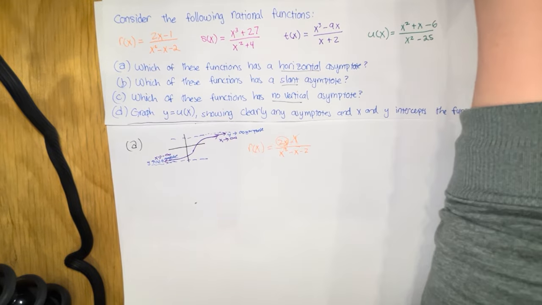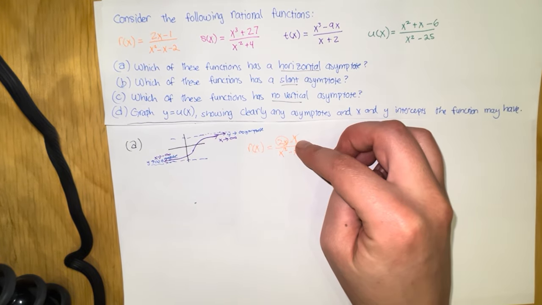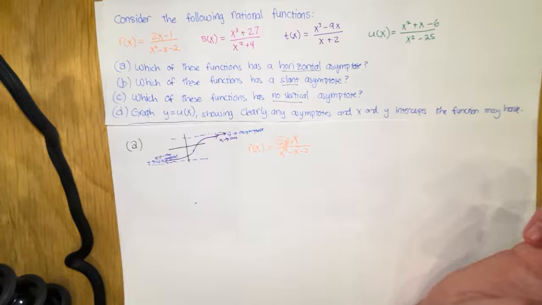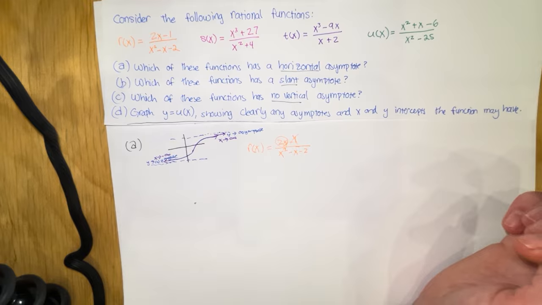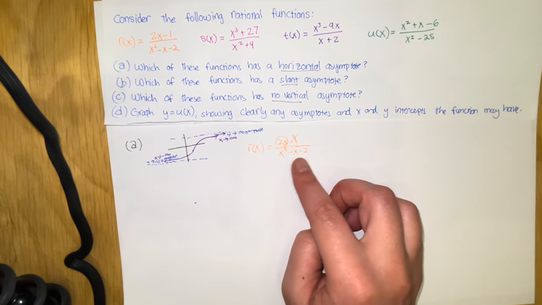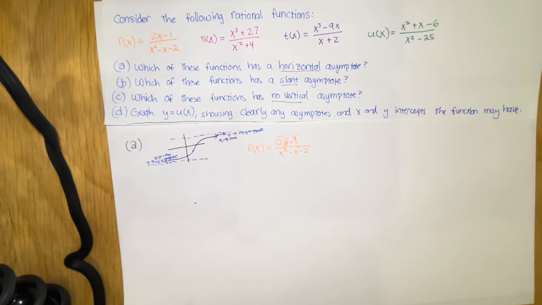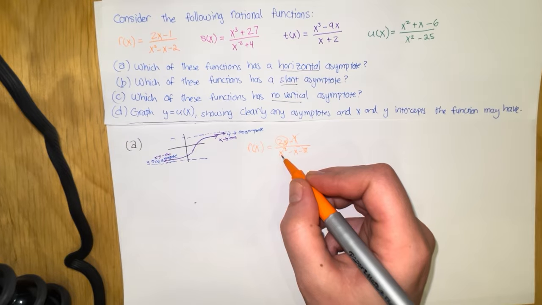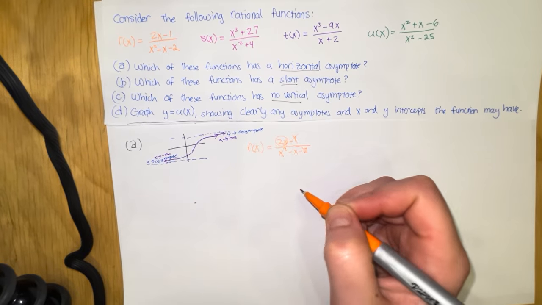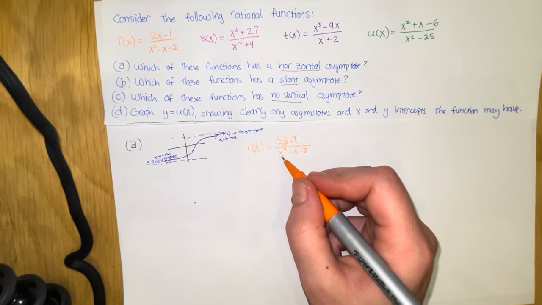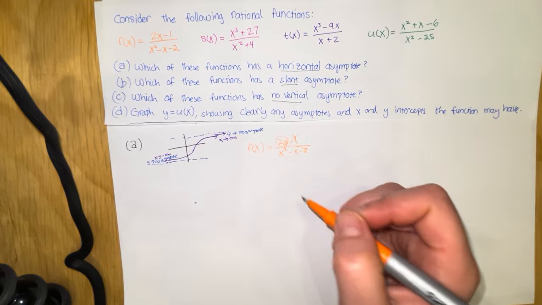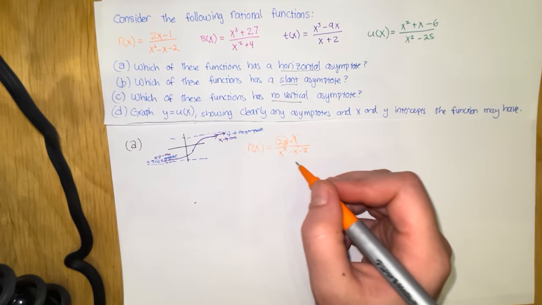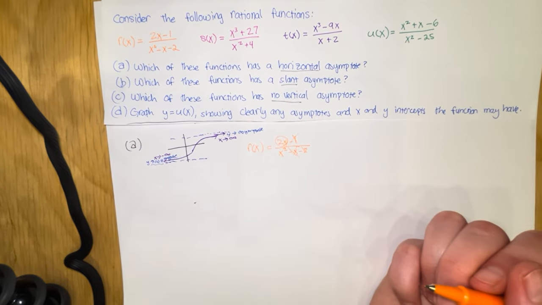So that's why we've crossed off this 1, because it really doesn't matter when x is close to infinity. Same thing down here. This 2 obviously isn't going to matter when we're close to infinity. And even if you look at here, x squared is going to grow so much faster than x that when you're close to infinity, this x isn't even going to matter.